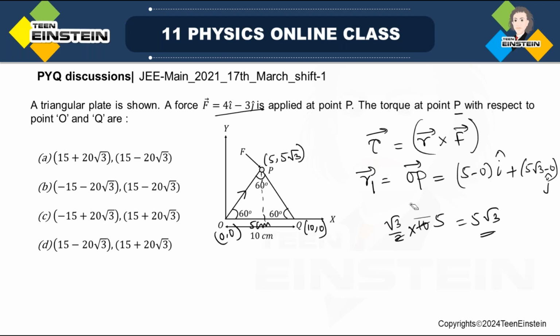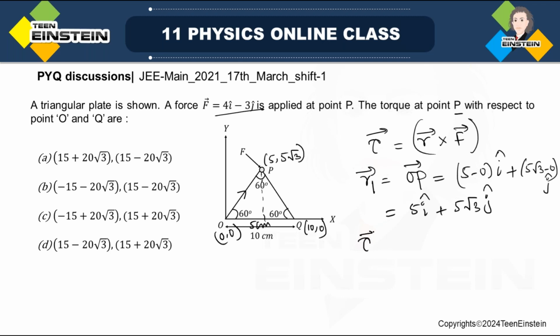So we get r1 as 5 i cap plus 5 root 3 j cap.